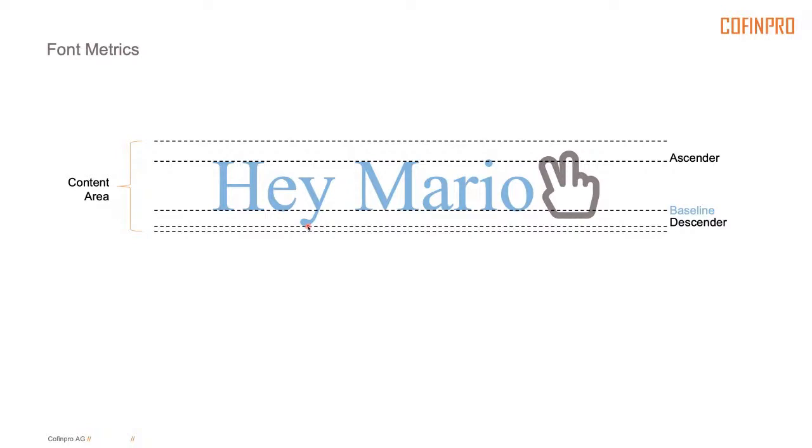And we do not only have those vertical dimensions, we also have a horizontal dimension. Every character has some kind of horizontal extent, and in the case of the Hey Mario text, you can see how it works.